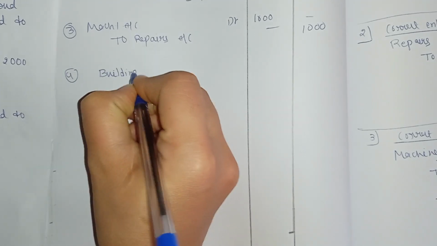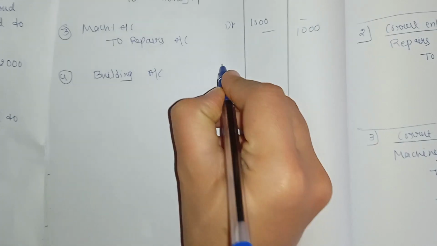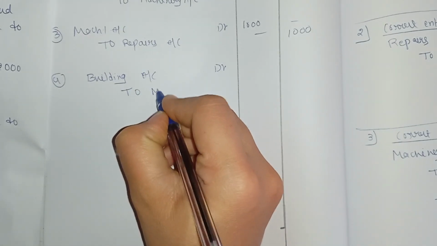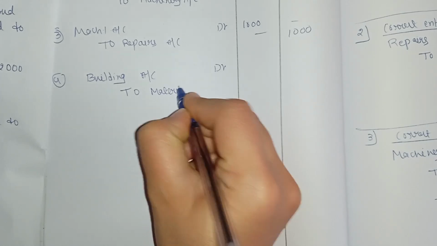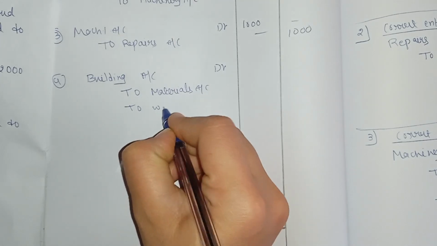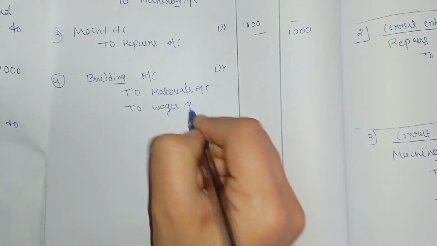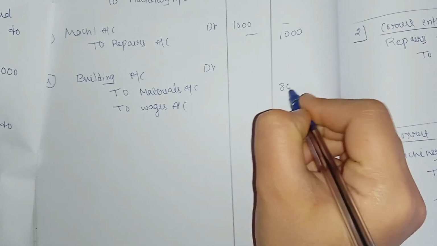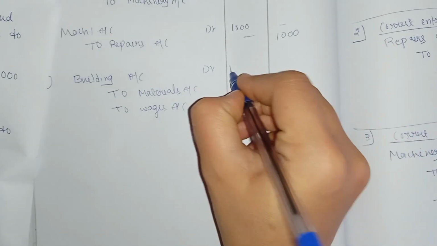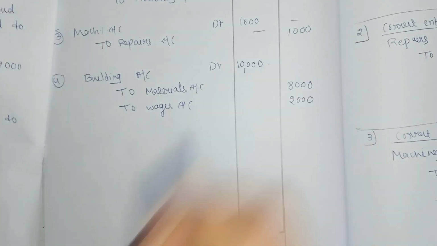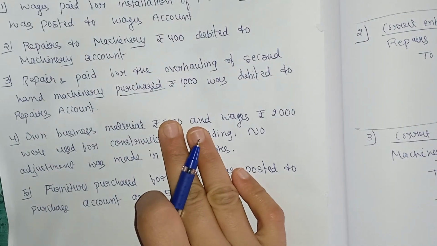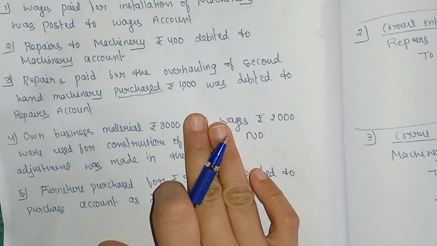Building account debtor to materials account and to wages account. See, materials, that is rupees 8000, and wages 2000. So total, that is rupees 10,000. Clear? I hope this transaction is clear to you all. Now write down the narration.